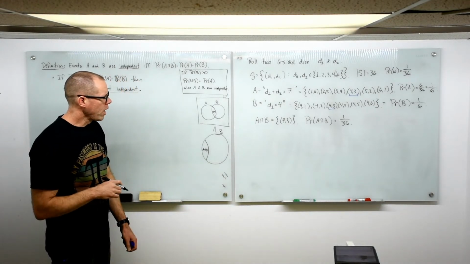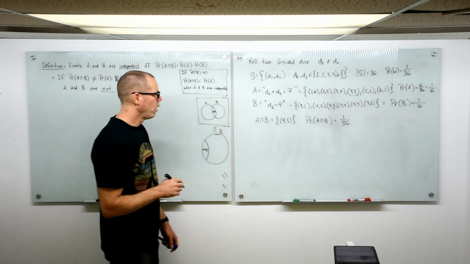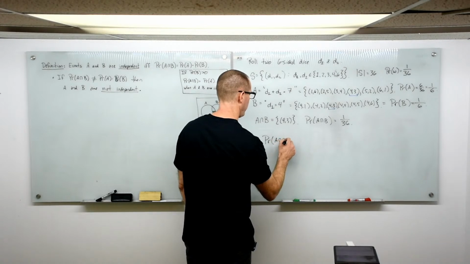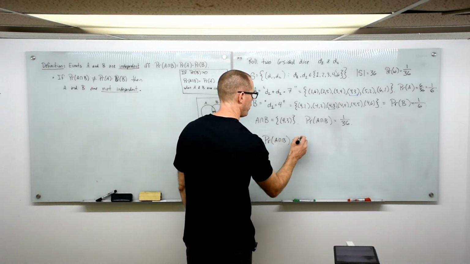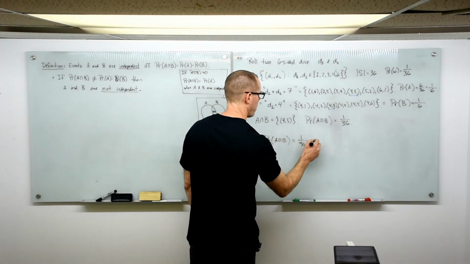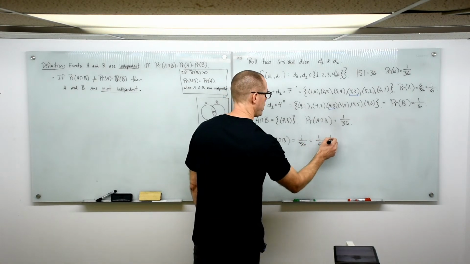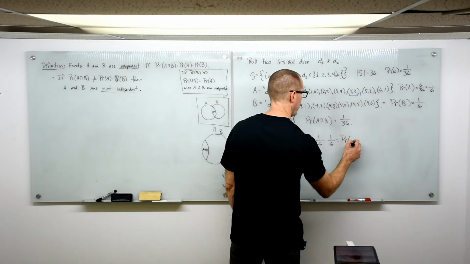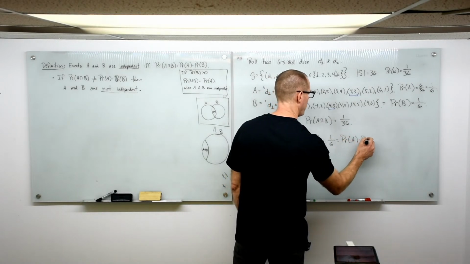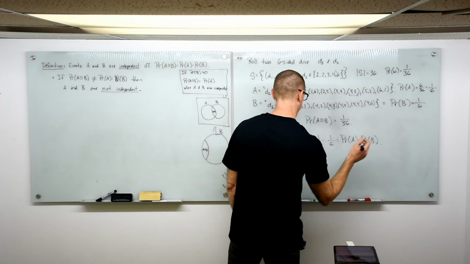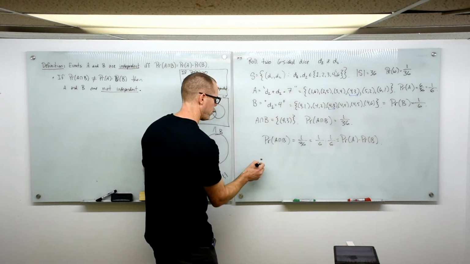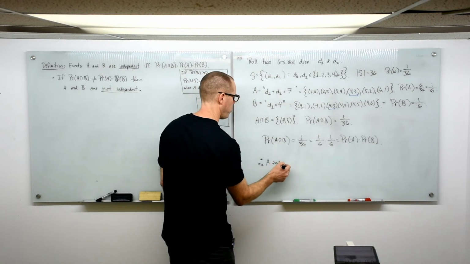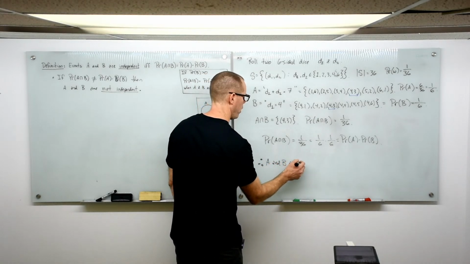And now we can check the definition here, although we've seen it already. The probability of A and B is 1 out of 36. That's actually 1 over 6 times 1 over 6, which is equal to the probability of A times the probability of B. And then the conclusion is that, therefore, A and B are independent.